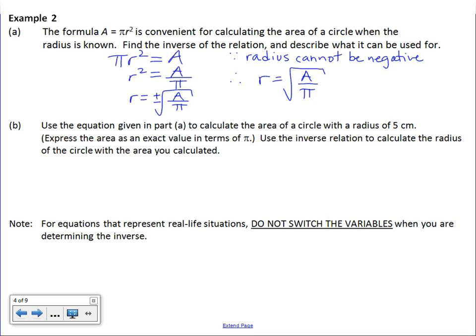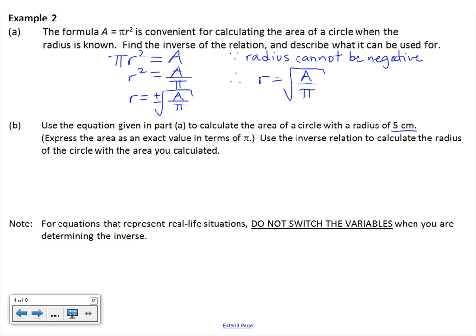And now we're just going to test that, make sure we did that correctly. Use the equation given in part A to calculate the area of a circle with a radius of 5 centimeters. Express the area as an exact value in terms of pi, and then use the inverse relation to calculate the radius of the circle with the area you calculated. So it's almost like a check, right?